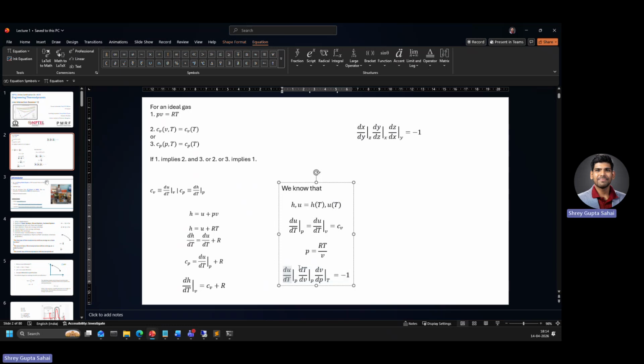See, du by dt at a constant p will become dt by dp at a constant u, and this will become dp by du at a constant t is -1. So dt by dp at a constant u will become 0.